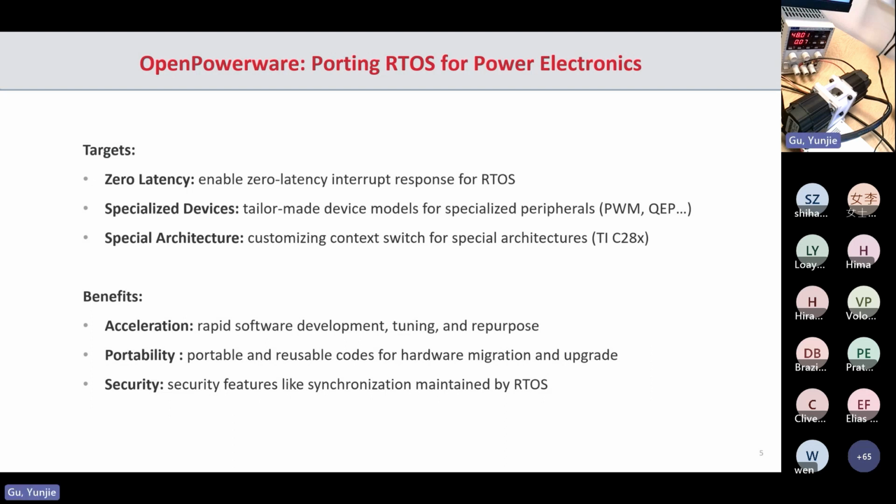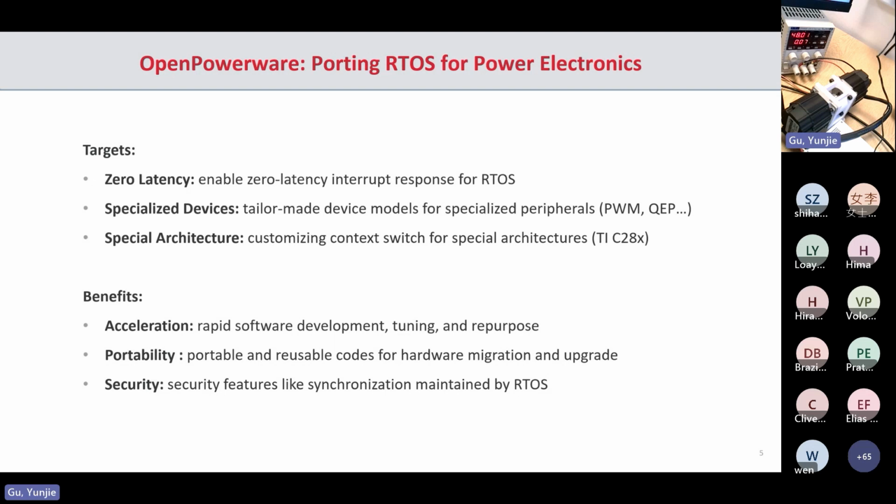And there are also some special architectures like this one, the TI C28 DSP MCU. It's a mainstream device for the power industry, but it's quite different from the standard architectures like ARM and RISC-V.